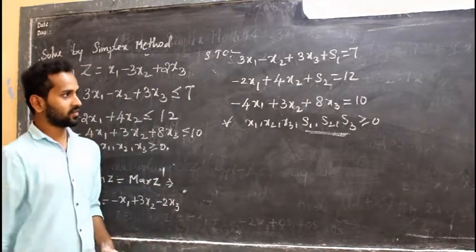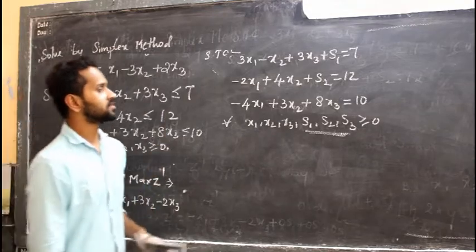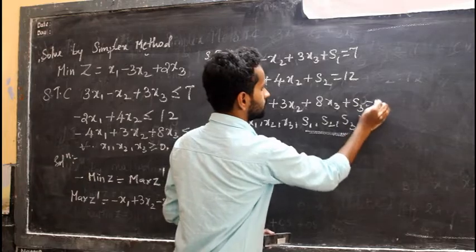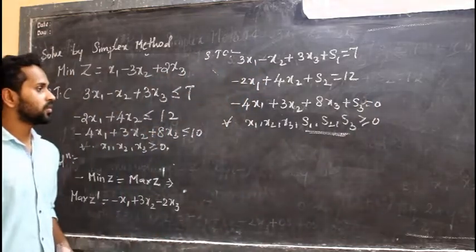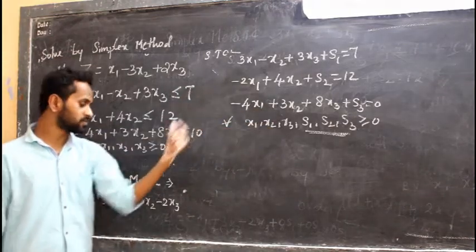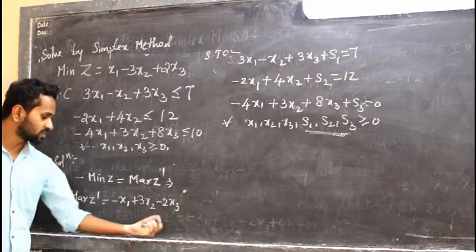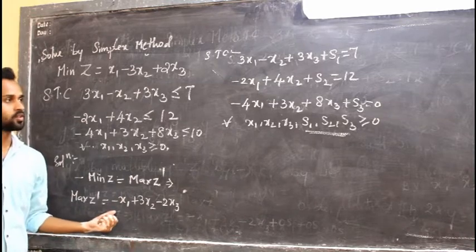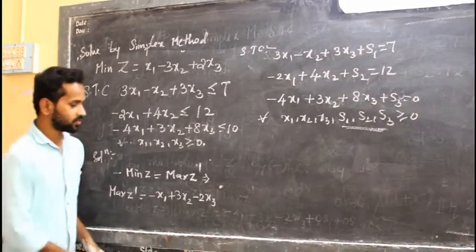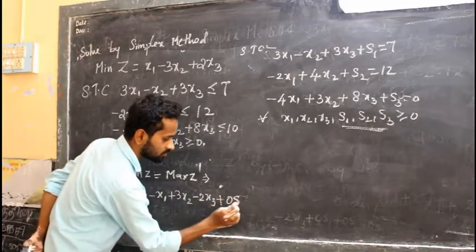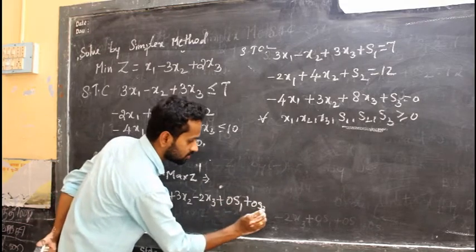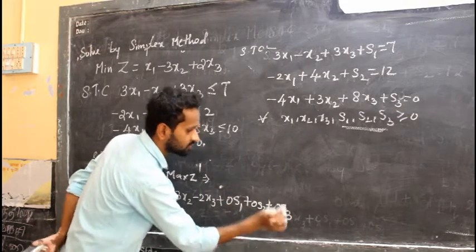And after adding the slack variables to the constraints, what will be there for me? I need to take the same slack variables and add them to the objective function, but the originality of the objective function should not change. So I will add s1, s2, s3 with 0 coefficients: plus 0 s1, plus 0 s2, plus 0 s3.